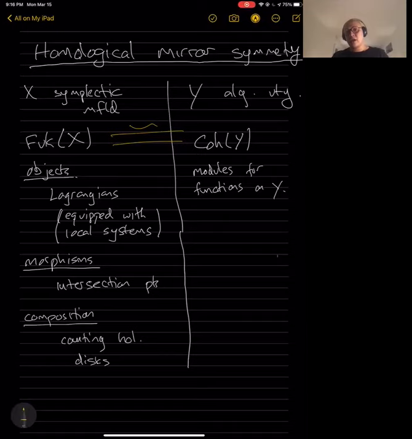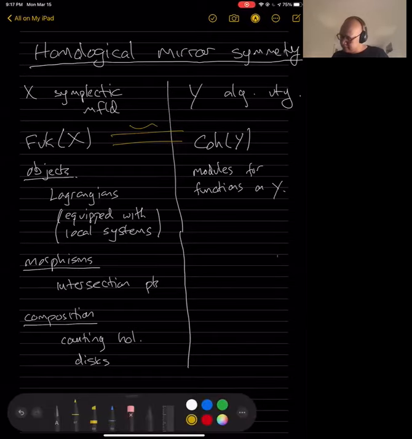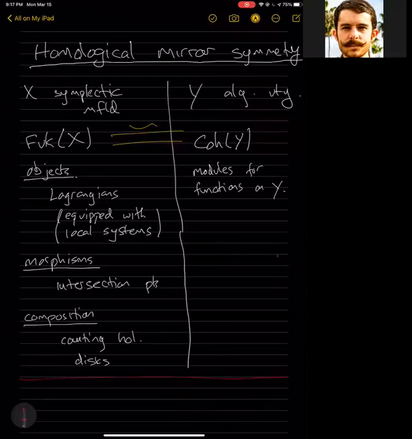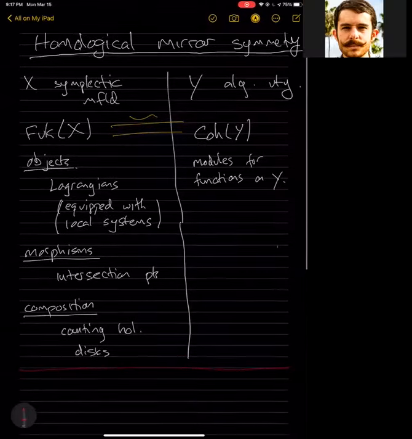In particular, often if you want to construct derived equivalences of a category of coherent sheaves, one way in principle you might do it is prove homological mirror symmetry and then deform the symplectic manifold. Okay, so that's what homological mirror symmetry is about.